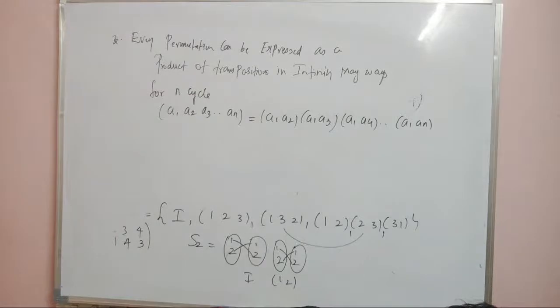You can see each is a transposition, a cycle of length 2. So in this way we can represent every permutation as a product of transpositions. Both are the same, you can verify that.